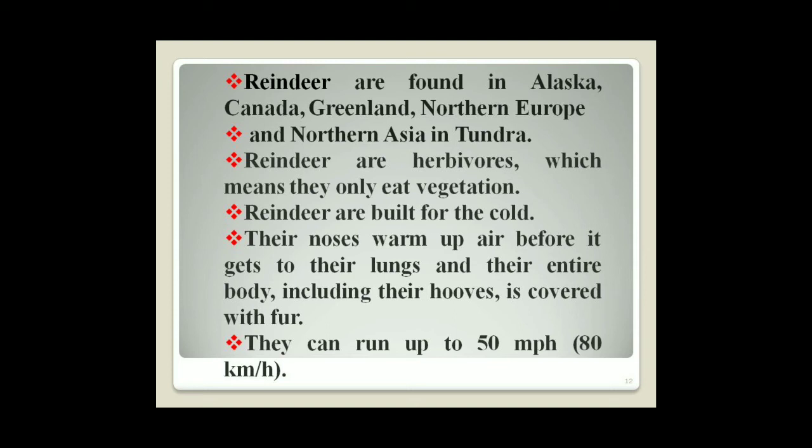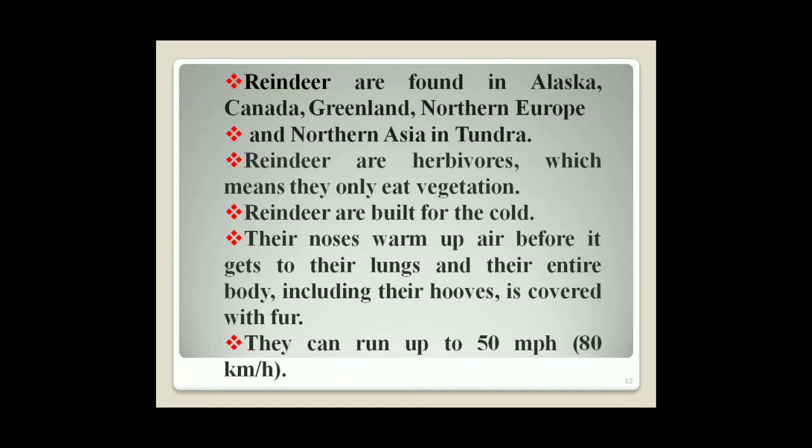Reindeer are built for the cold, means they are able to live in a very cold region. Their noses warm up air before it gets to their lungs. The cold air which goes inside their body first gets warm, and their entire body, including their hooves, is covered with fur so that they can live in the coldest regions like tundra.